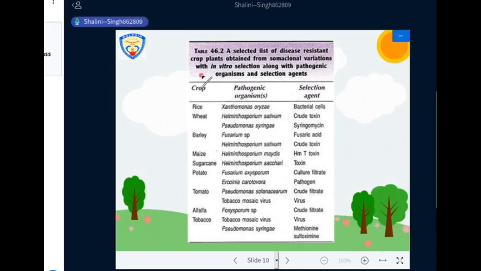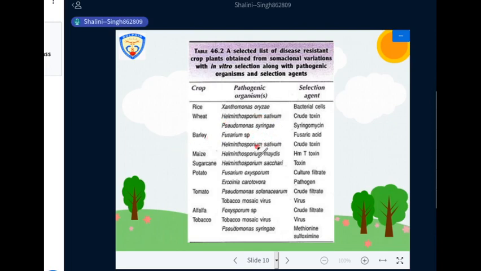This list shows examples of such plants which have been raised having disease resistance from somaclonal variations with in vitro selection. So, in case of rice, the pathogenic organism was Xanthomonas oryzae. In wheat, somaclonal variants having resistance against Helminthosporium sativum and Pseudomonas syringae.